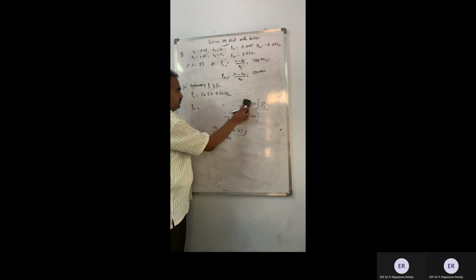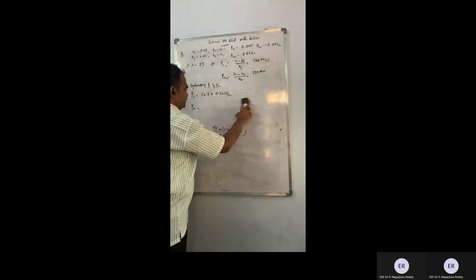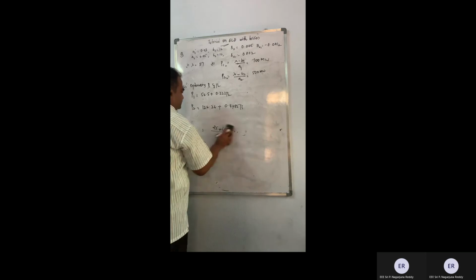So, following this one, what will we get? Let's see. 25 by 26.26 plus 0.4485 P1. So these are the expressions for P1 and P2 for us.